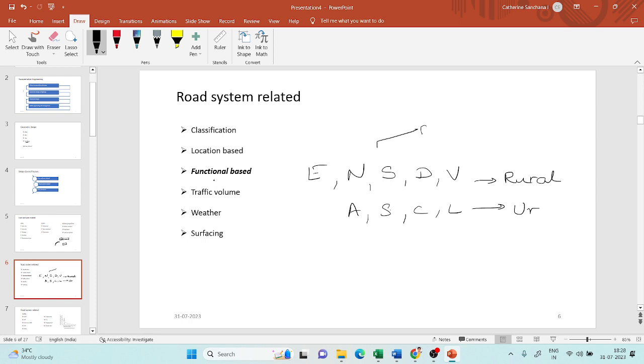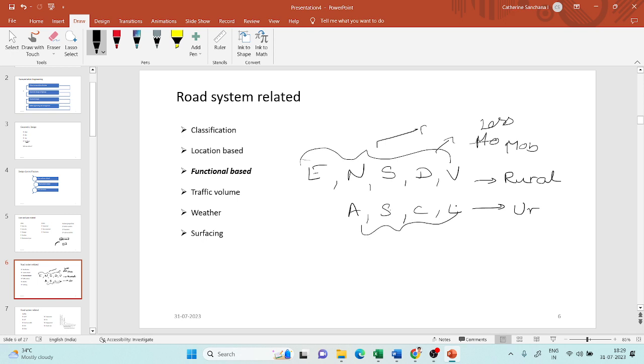So though they are functional based, they can also be classified as rural and urban roads. As I said, your geometric design is going to depend on these roads. And I was talking about accessibility and mobility. These roads will have less accessibility and more mobility, and the opposite for the urban roads.